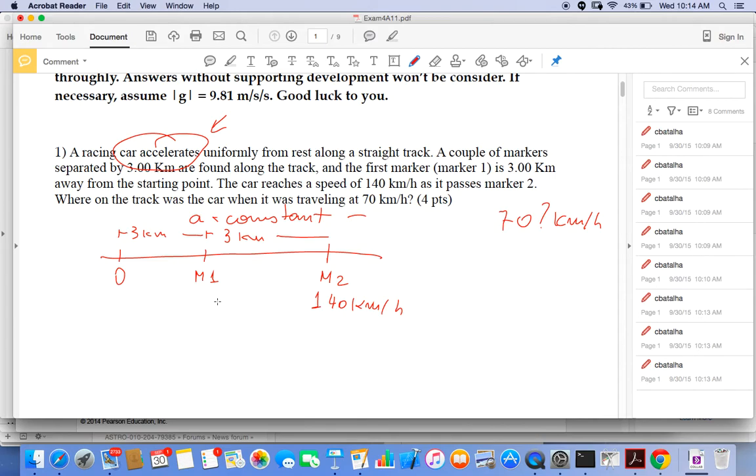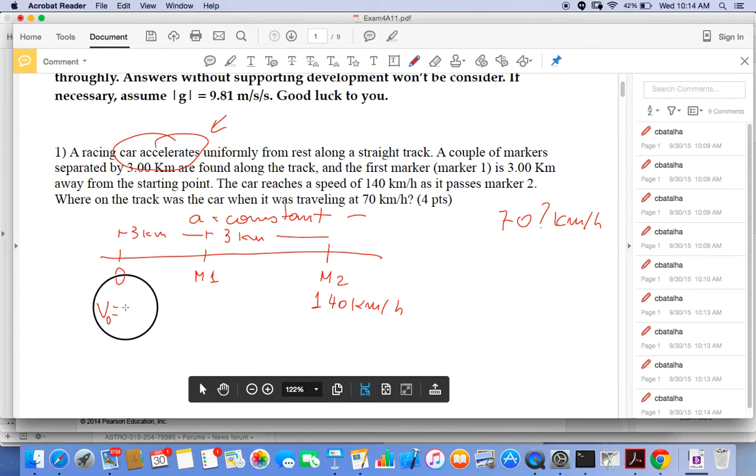So if acceleration is constant, you can use two conditions. In fact, for instance, here at point zero, the initial velocity is zero, right? Because it starts from zero. So we can use this condition and these conditions to determine the acceleration. How can you do that?